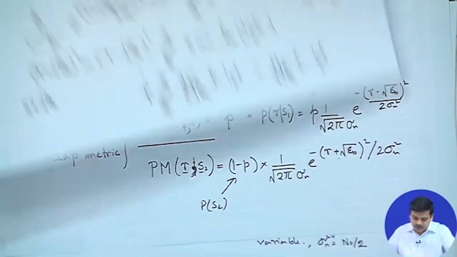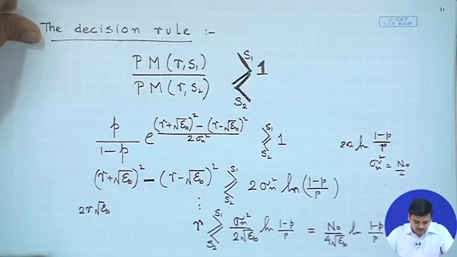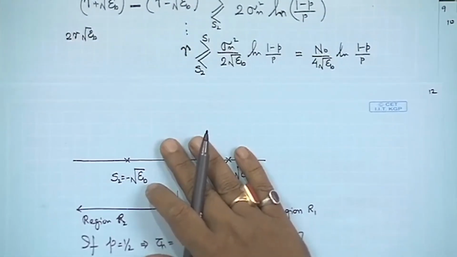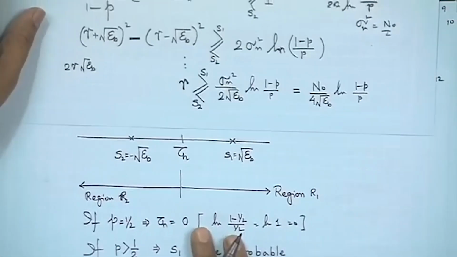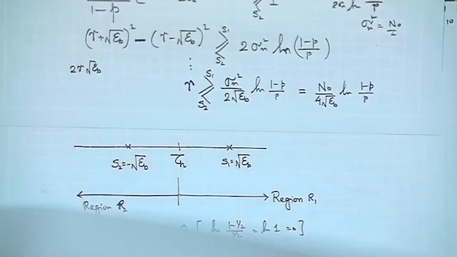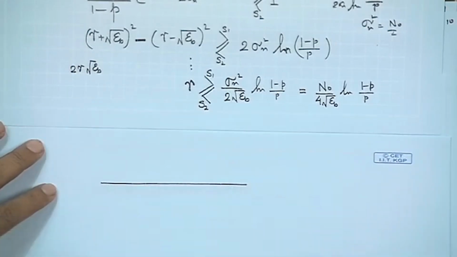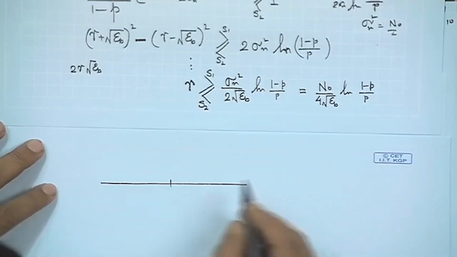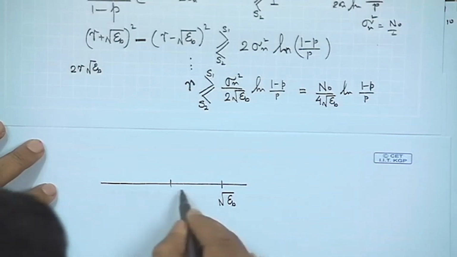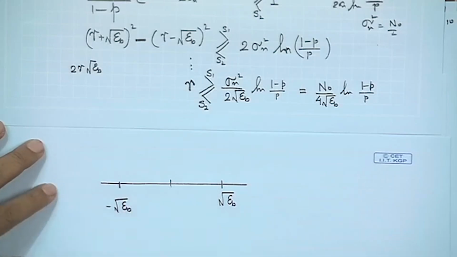So, what does it mean? Let us take a look at this. As if this is my signal space, and we said that one of the signals is root E b, the other signal is minus root E b.